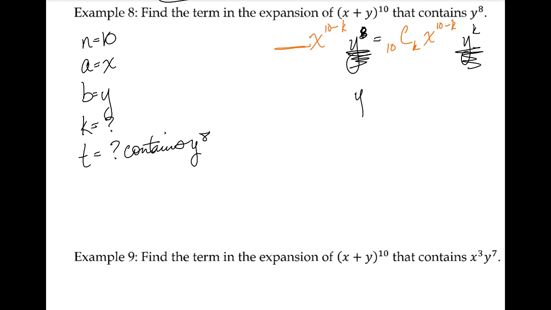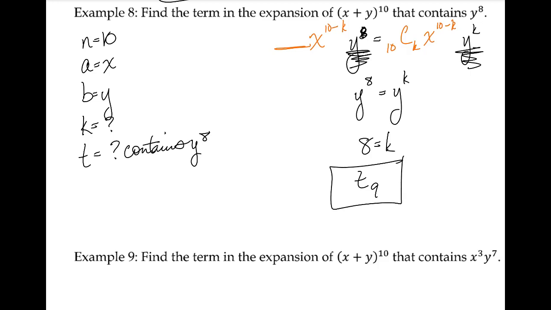So I look and I say, okay, well, y to the 8, y only shows up there, so it must be equal to y to the k. Well, that means, oops, I'm getting ahead of myself here, the k must be 8, because otherwise that can't happen. So 8 equals k, which means that it is term 9, again, because k is always 1 less.